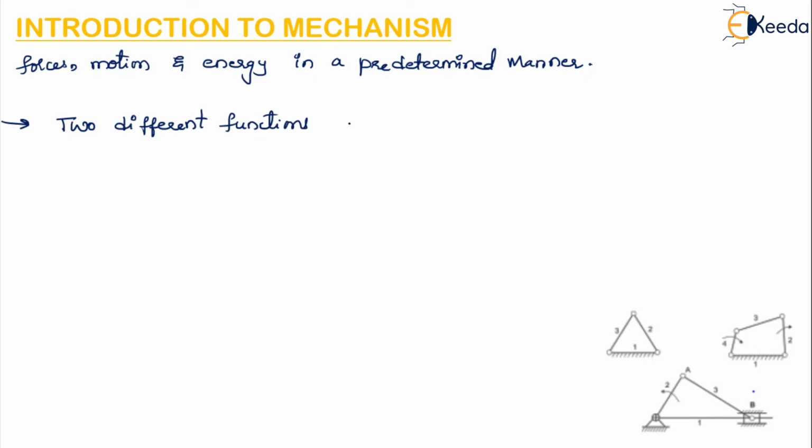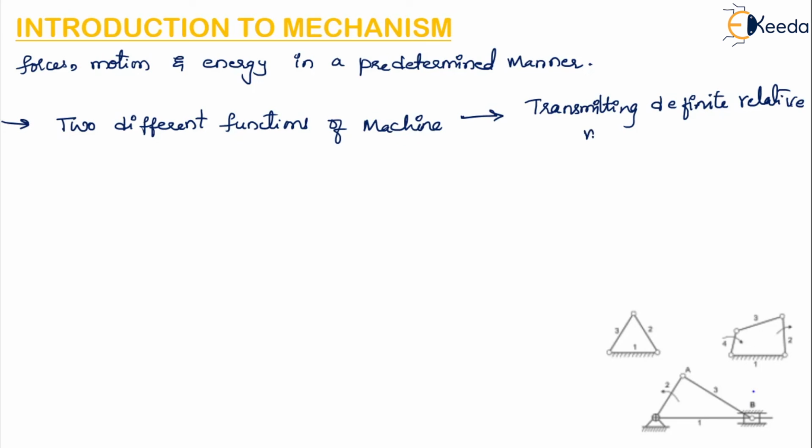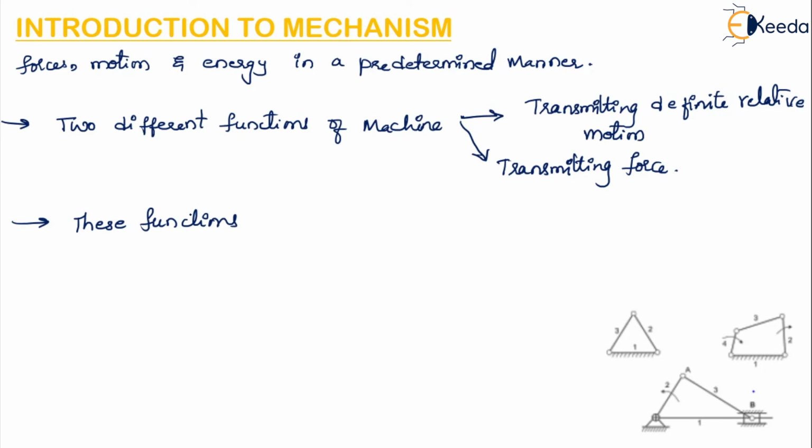What does a machine do? It will transmit a definite relative motion as well as transmit force. So these functions, that is transmitting motion and transmitting force, require strength and rigidity. Okay.